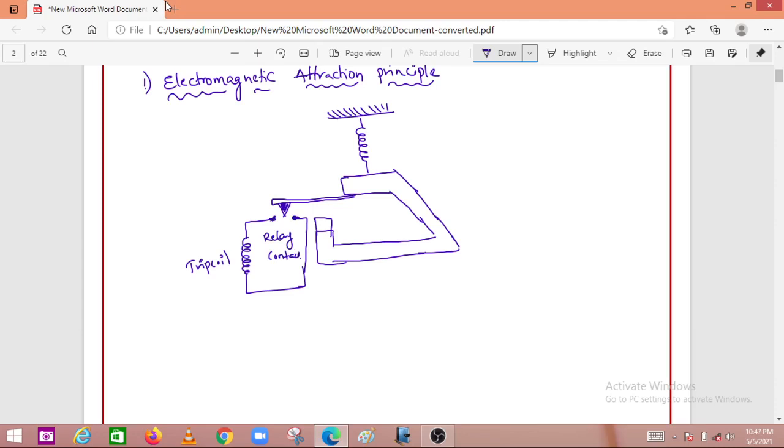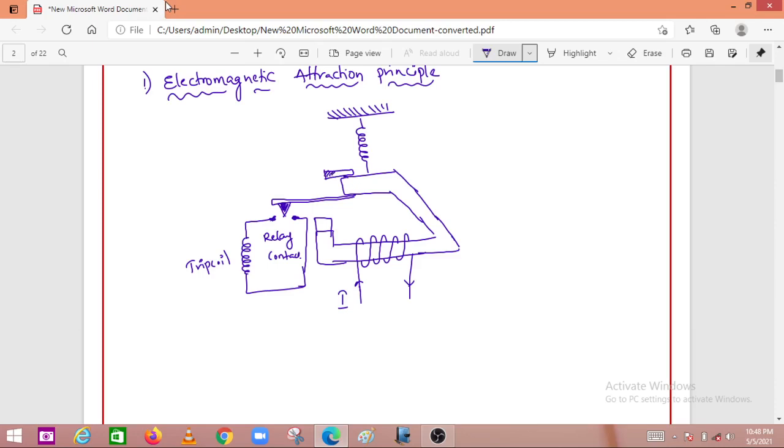And here the magnitude of current is connected to these contacts. So current magnitude will be based on this current flow. Okay. And one more important point here, there is a backstop.